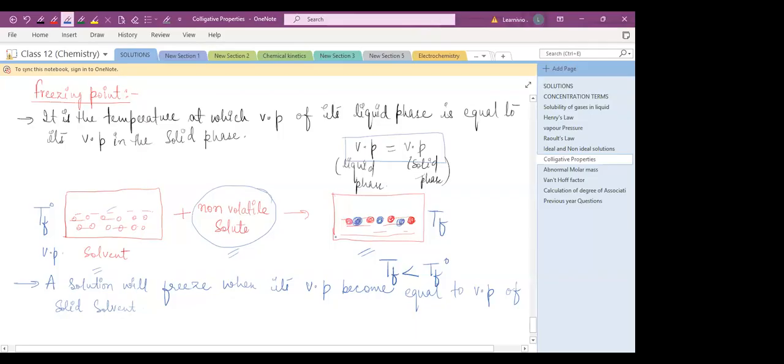Hence you can see that this solution will start to freeze.